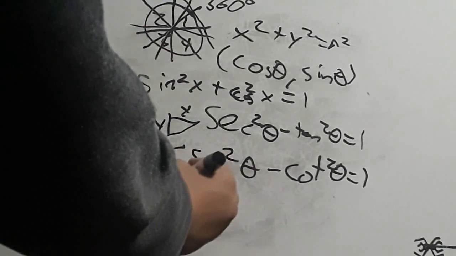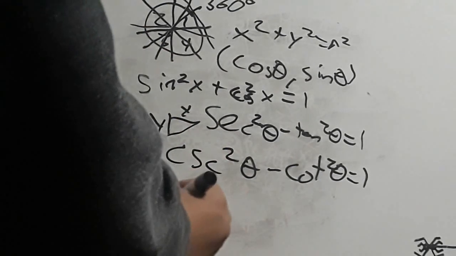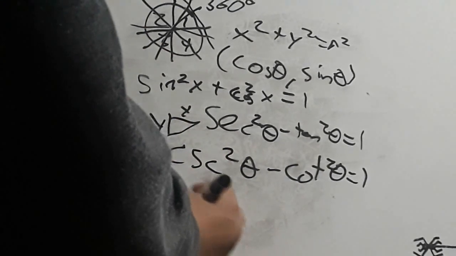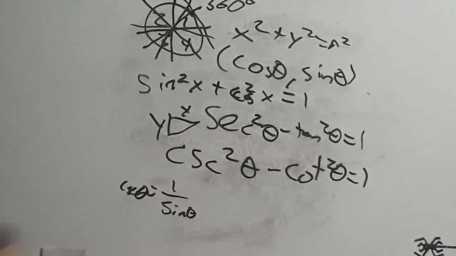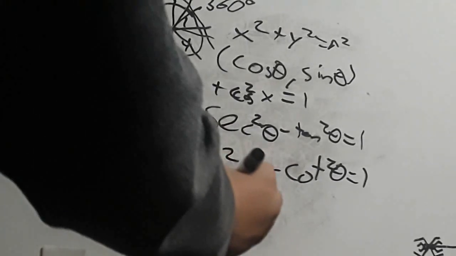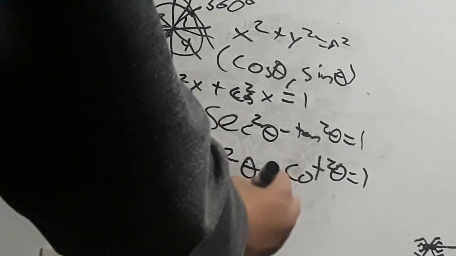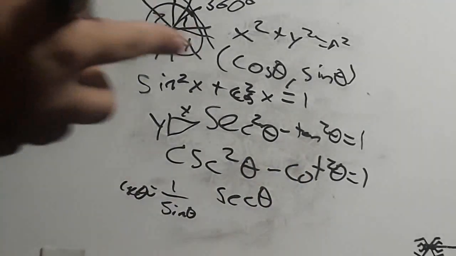So, cosecant means 1 over sine. Okay? And then secant means 1 over cosine. This will be spelled S-E-C-A-N-T.